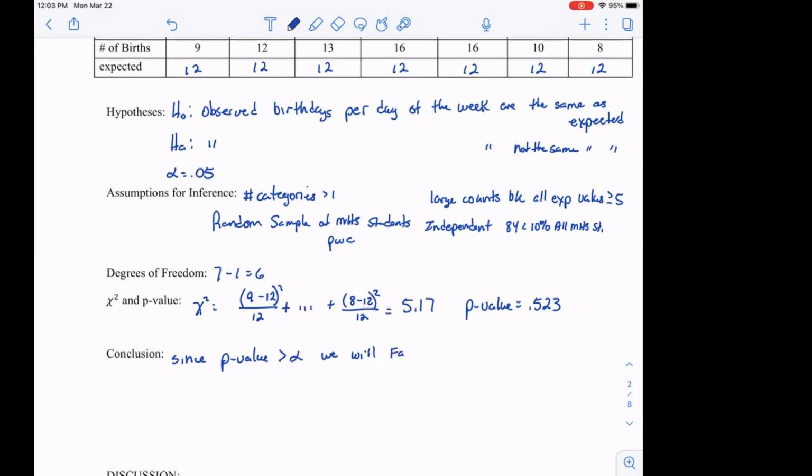And again, even though we're talking about a chi-squared test versus a t-test versus a z-test, we're still going to reject or fail to reject.